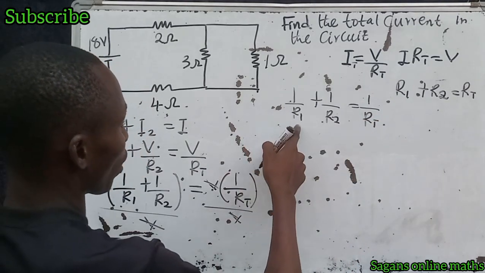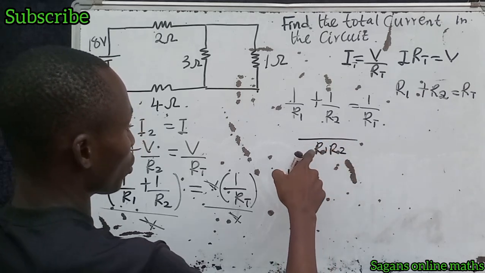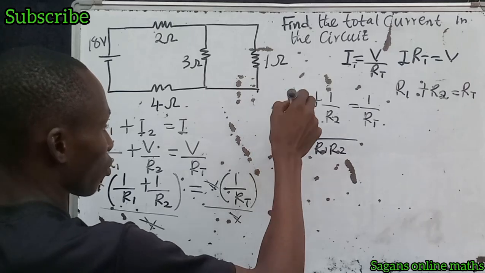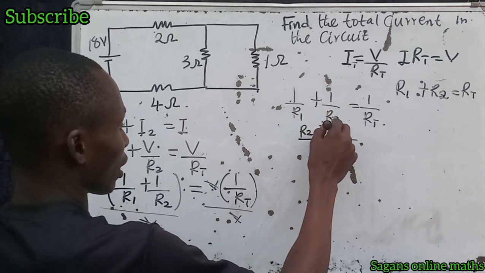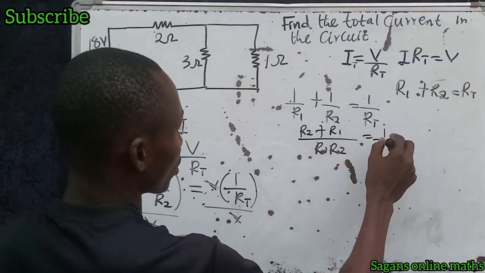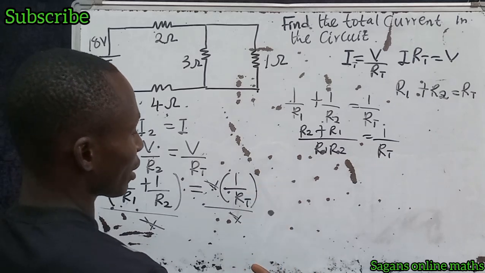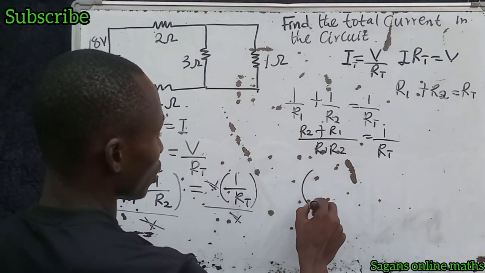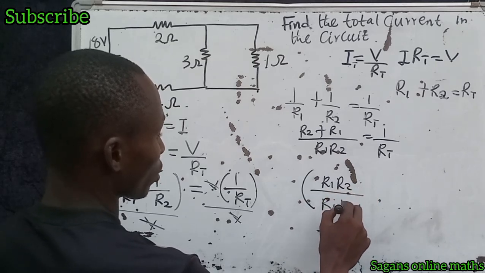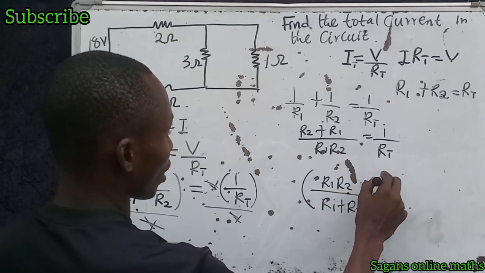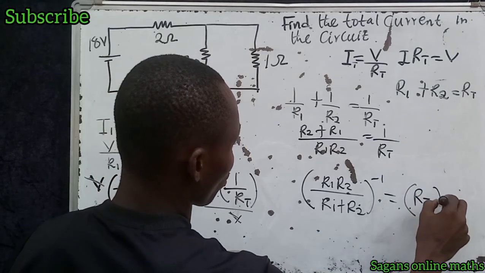Okay. Now from here, let's take our LCM. Our LCM between R1 and R2 is R1 multiplied by R2. Now we divide the whole of this by this, we have R2, R2 times 1. Divide the whole of this by this, we have R1. So R2 plus R1 over R1 times R2 equals 1 over R total. Now we can also write this as R1 multiplied by R2 divided by R1 plus R2, all to the power of minus 1, is equal to total resistance all to the power of minus 1.